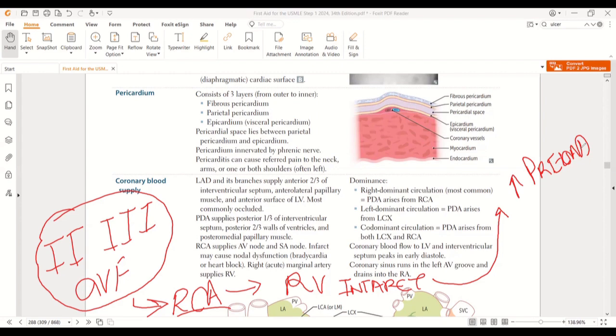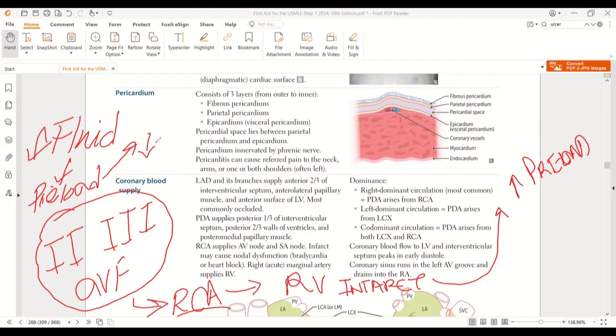So usually we restrict the fluid in MI, right? We decrease the fluid in MI. Why do we decrease the fluid in MI? To decrease preload and the work of the heart.